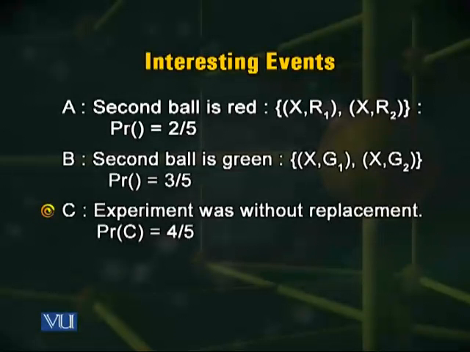So if you have defined C, the new piece of information, as an event, then the probability of C is 20/25, because out of the total 25 entries, now only 20 entries are possible and 5 entries have been eliminated. They are impossible because the experiment was performed without replacement, where the ball was thrown away.